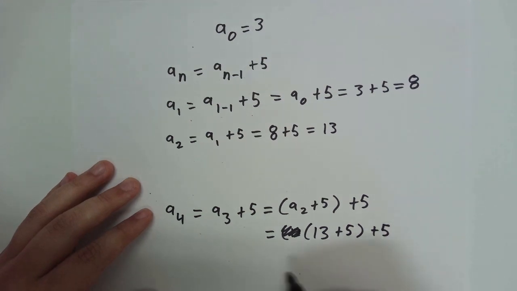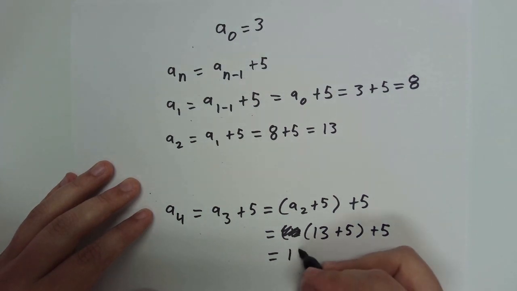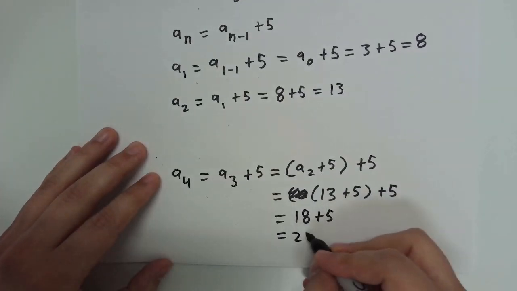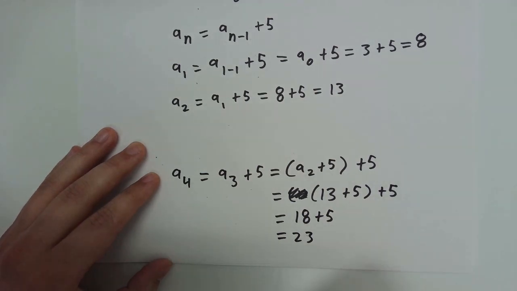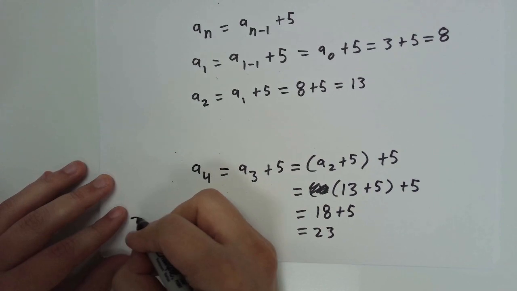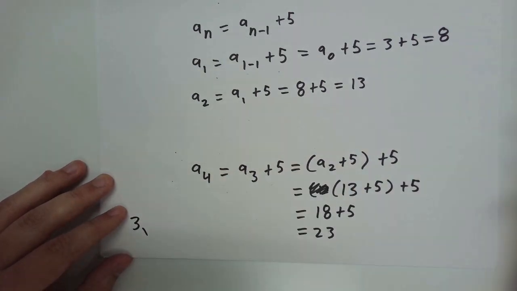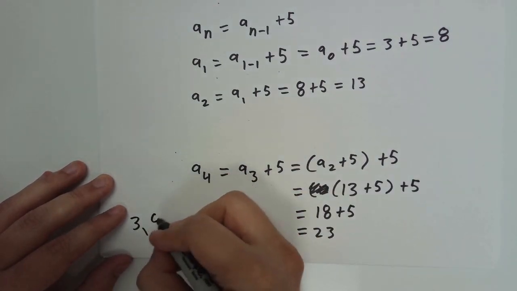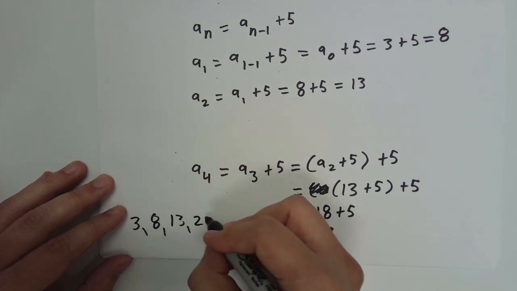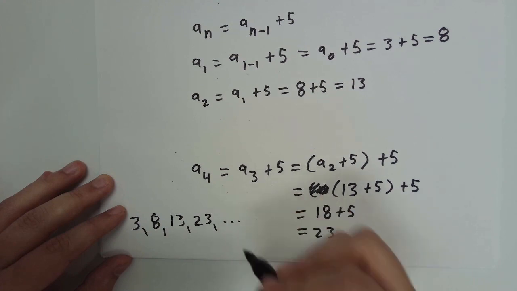And now we can solve this. Simple arithmetic at this point. 13 plus 5 would be 18. Plus 5 more would give us 23. So we have this sequence that starts off with 3 and adds 5 each time. So 3, 8, 13, 18, 23, and so on.